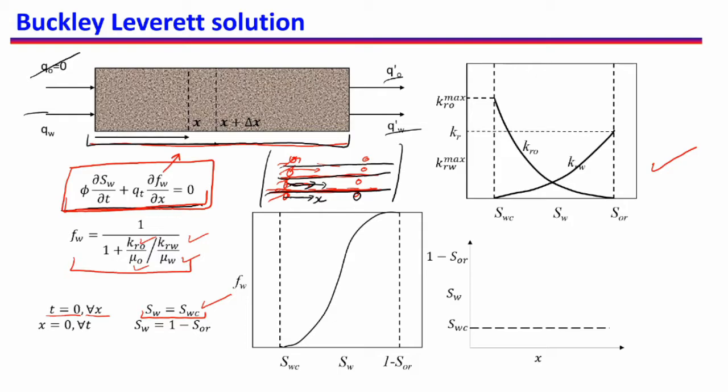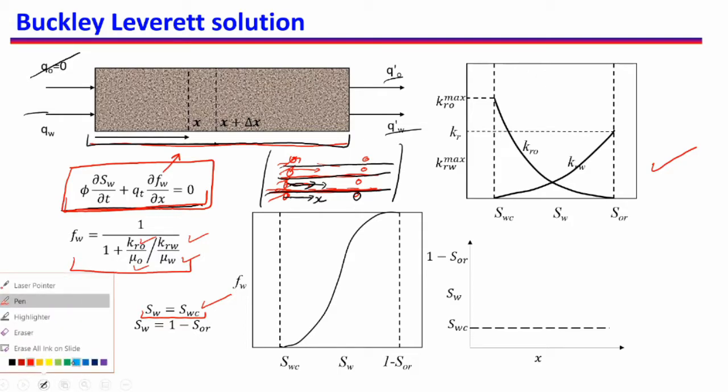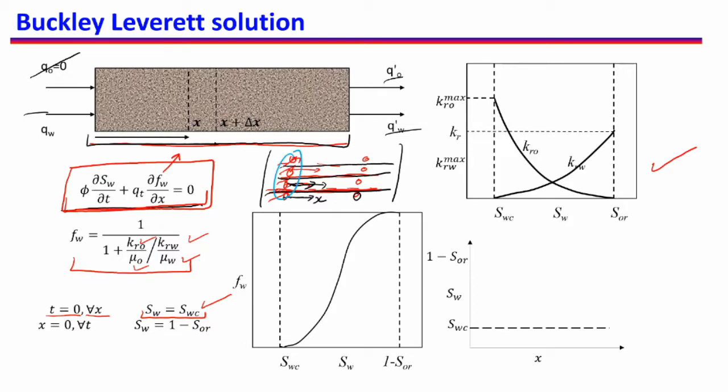But when we start injecting water, either at the wells here or in a core here, then we assume that instantaneously for all t greater than or equal to 0, at x equal to 0, where we are injecting water, the saturation of water becomes 1 minus SOR. So if we look at the relative permeability curve, the saturation will become 1 minus SOR. So this saturation we will encounter instantaneously when we start injecting water at the injection point.